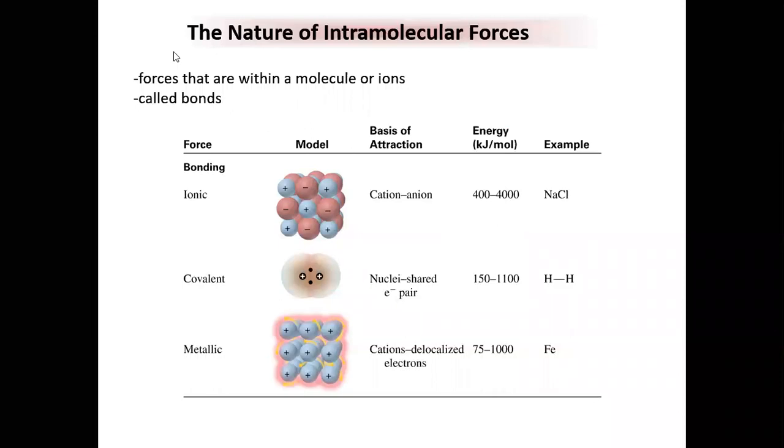Within a formula unit of ionic compound, you have ionic bonds. Within metals, you have cations and delocalized electrons. So all of these intramolecular forces are within an entity that we're looking at.